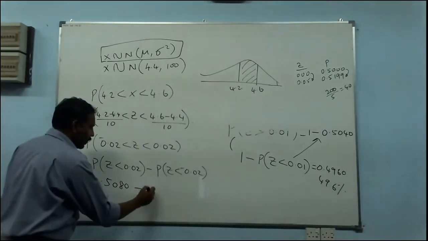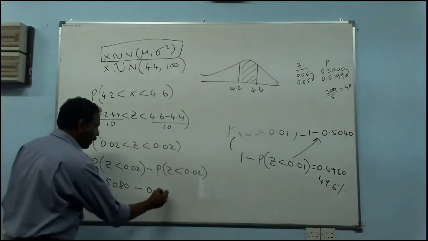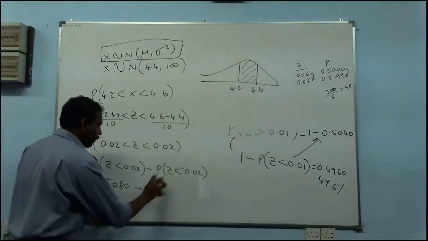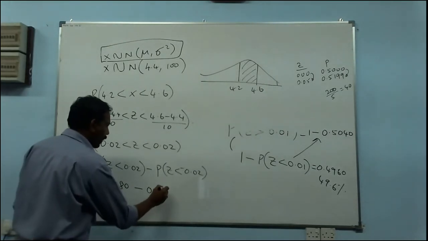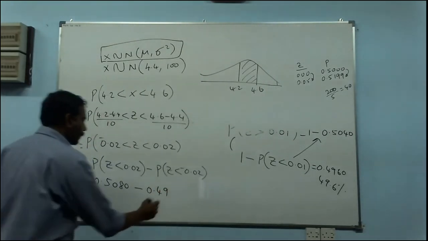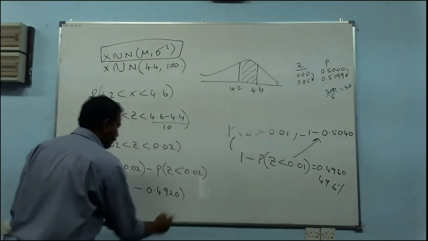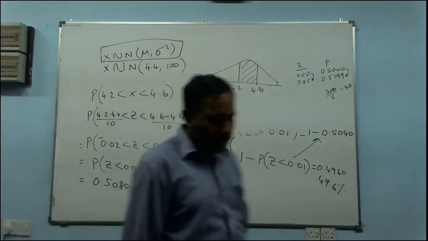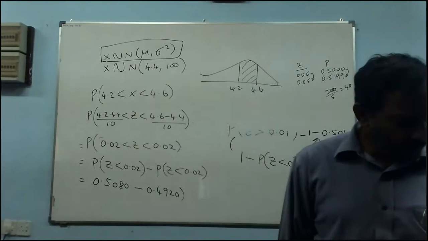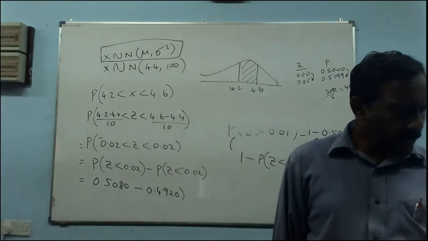Minus 0.5, 0.5049, 0.5080. Look at the value; it is closer to that, right? These are very close values, right?